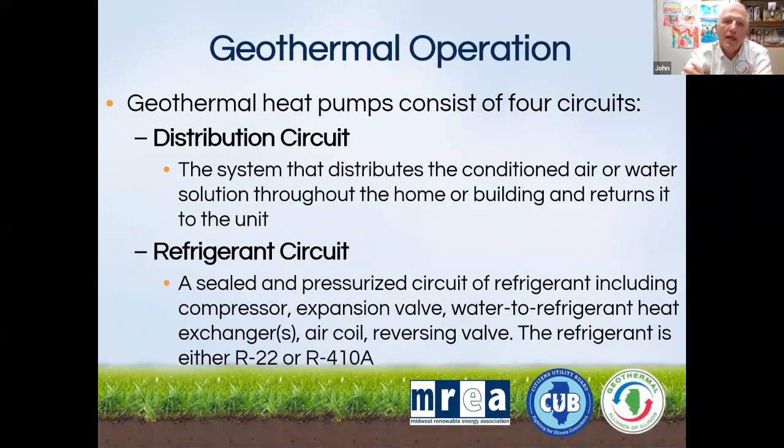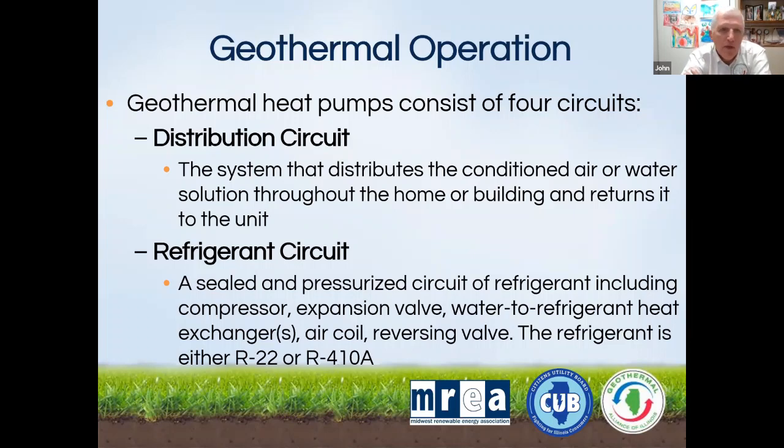Again, these next two slides are very important for me to try to share with you and get you to understand how a geothermal system operates. So typically, every geothermal system in a home or a business consists of 4 important circuits. Everyone consists of 3. Most consist of 4.